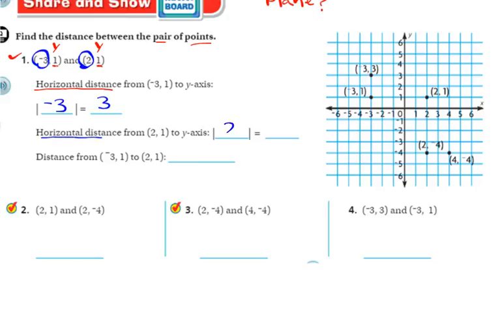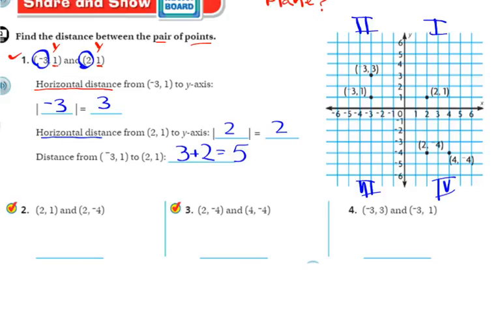So I want the absolute value of 2, and that's going to give me the 2. Now I notice that I have one of these points that falls in the second quadrant and one that falls in the first quadrant. Remember what our quadrants look like: 1, 2, 3, and 4, Roman numerals. So I have points that are located in different quadrants. So we're going to add their absolute values. So 3 plus 2 equals 5.